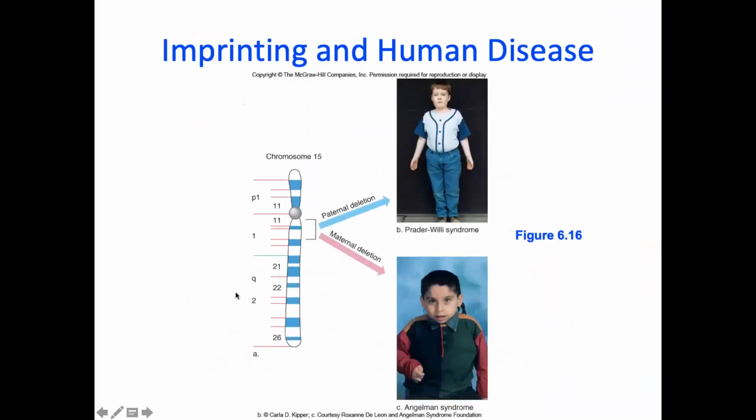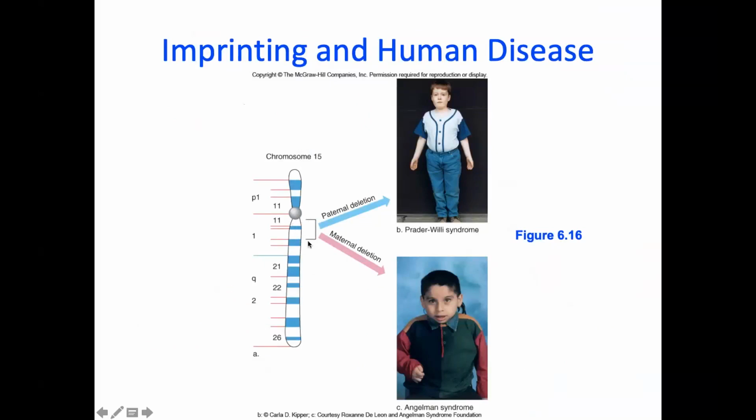So again, here's chromosome 15. This is a different depiction than what I just showed you. Here's the centromere. Here's the region of the deletion on the long arm, requiring those 2 breakpoints. If that deleted version of the chromosome is transmitted through the father, through the paternal gamete, you'll suffer from Prader-Willi syndrome.